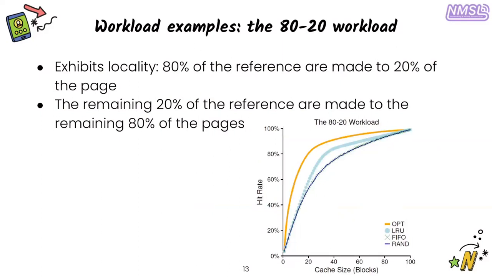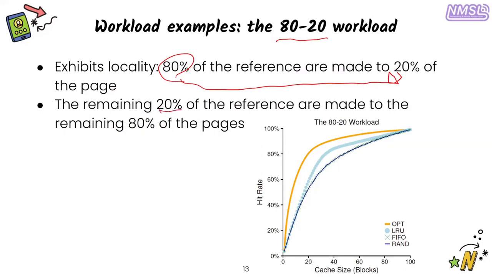Now, the next workload we want to consider is a much more realistic one, which is called the 80-20 workload. What this means is that 80% of the references are made to 20% of the pages. So the majority are accessing the top 20 popular pages.